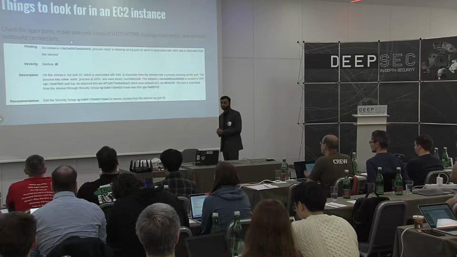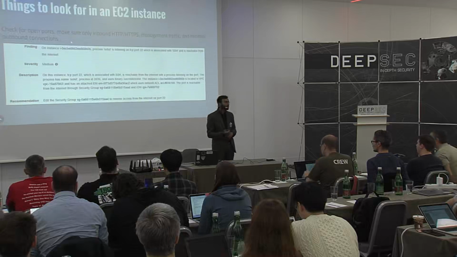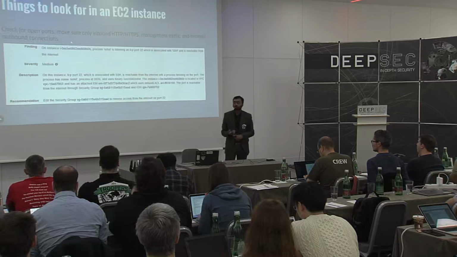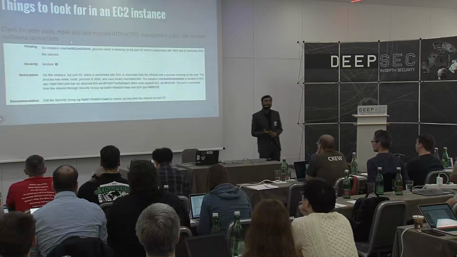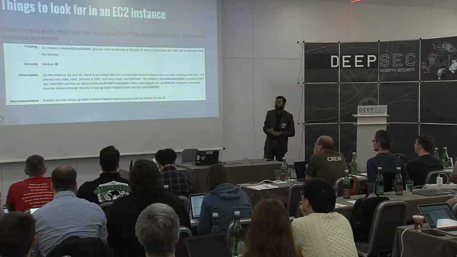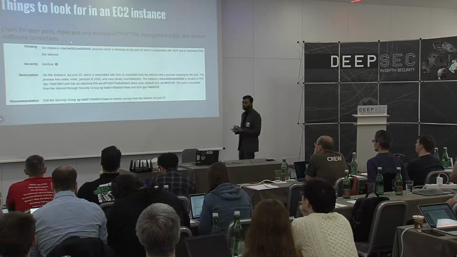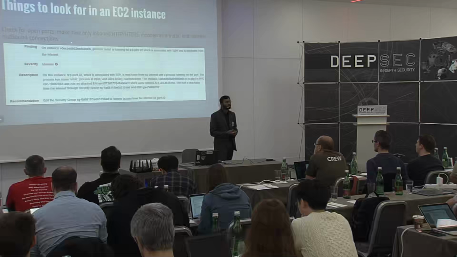So you should check for open ports, which can be done using a generic tool like nmap, running nmap to find open ports, what kind of traffic is allowed, and things like that.